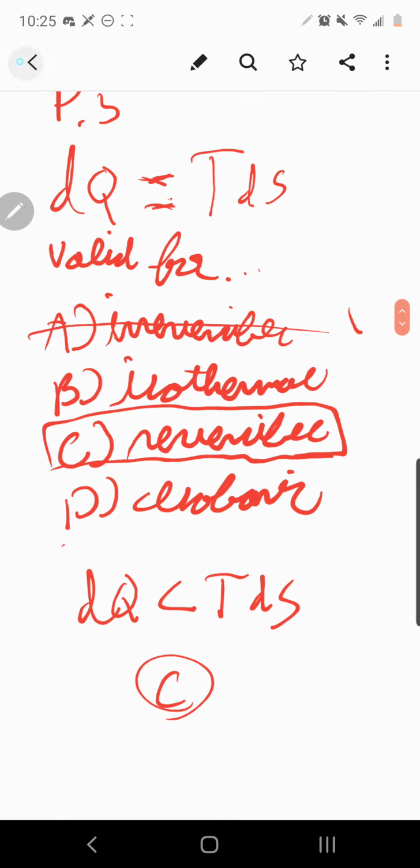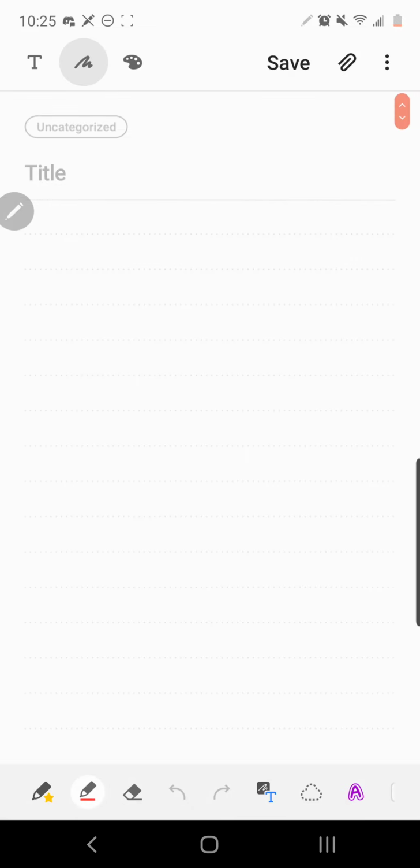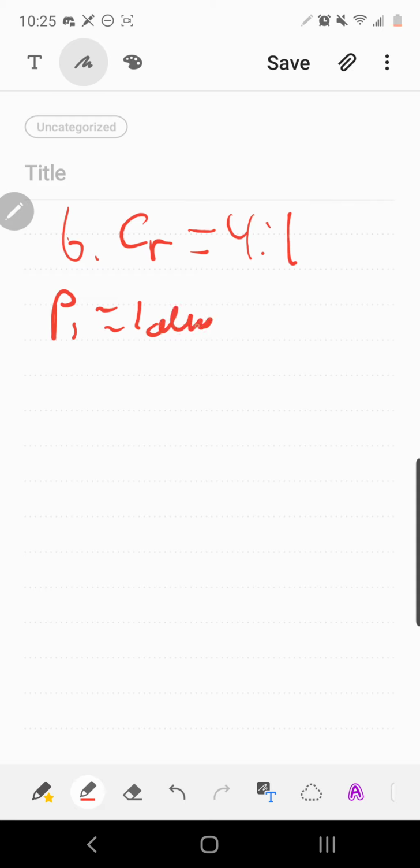All right. Now up next we have a very long problem number 6. Hopefully you enjoyed this one. Steam is quickly compressed by a piston in a cylinder with a compression ratio, I'll call it CR, of 4:1. The steam is at atmospheric pressure, P1 is 1 atm.